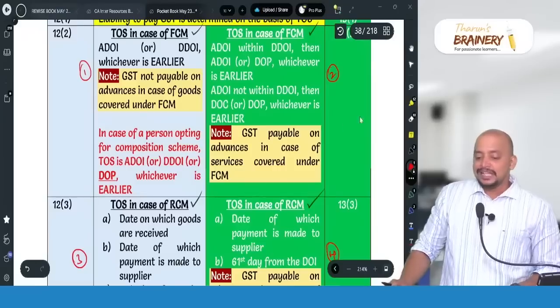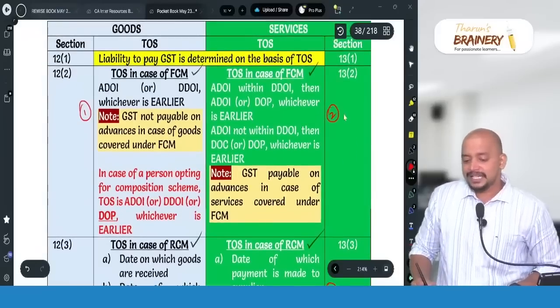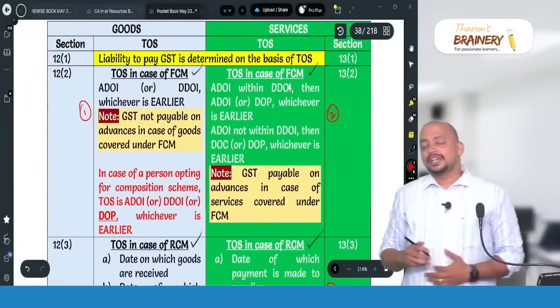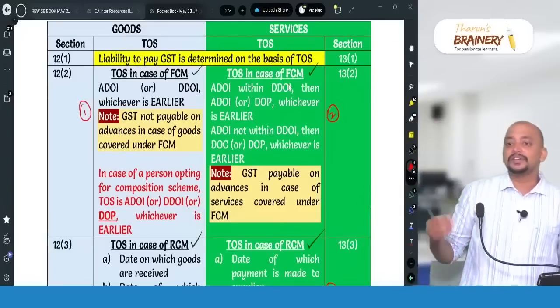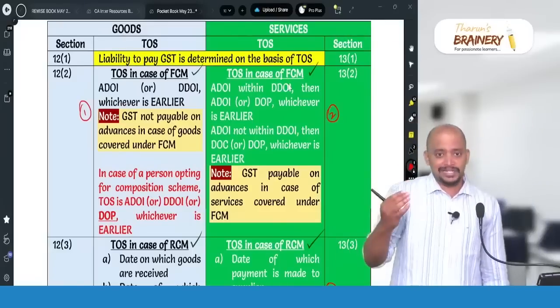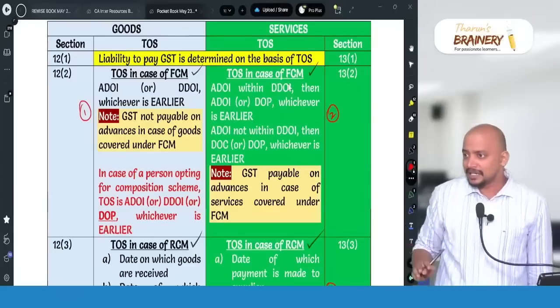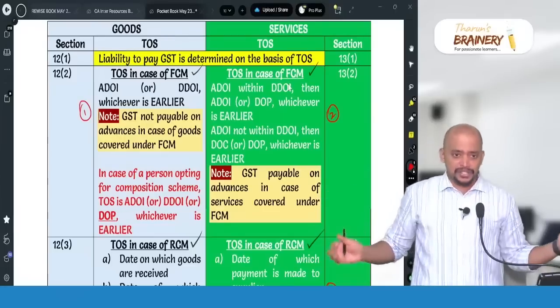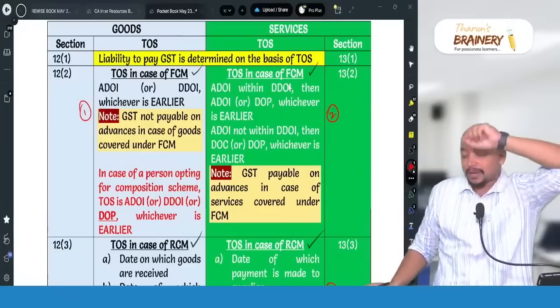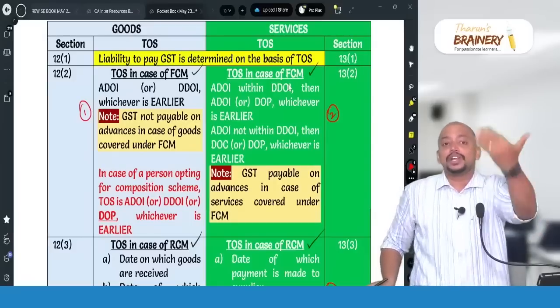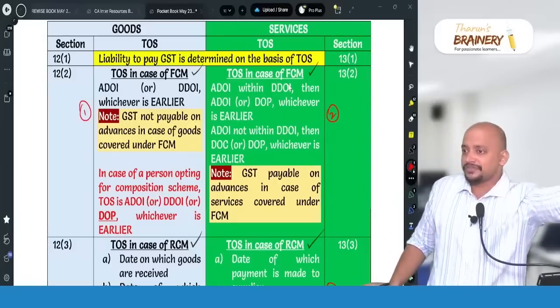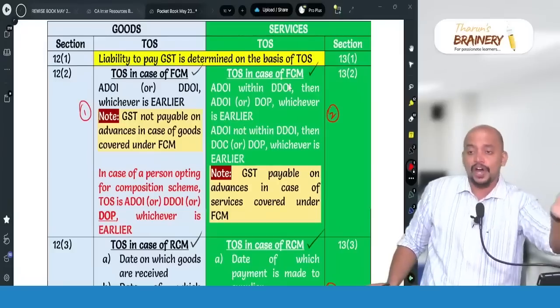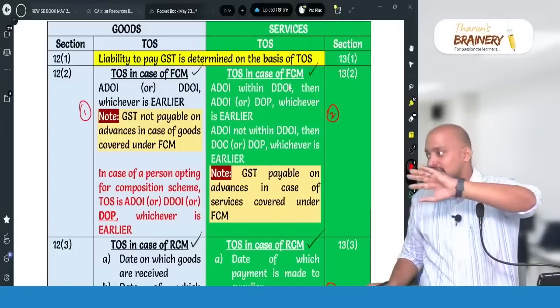Then in case of services under FCM, we need to check whether the invoice is given within the due date. If the invoice is given within the due date, then invoice date or payment date, whichever is earlier. If the invoice is not given within the due date, then completion date or payment date, whichever is earlier. So what is the due date of invoice? Again, we need to refer to section 31 subsection 2 or subsection 5 or subsection 6 as the case may be.